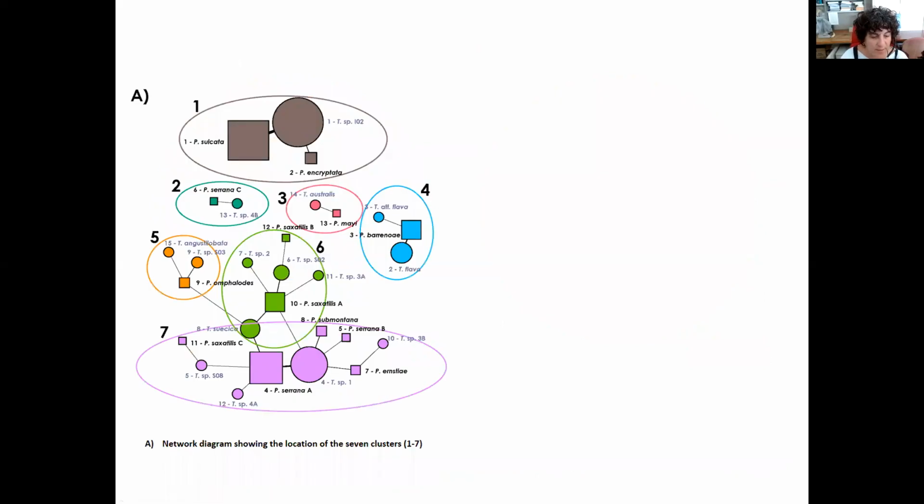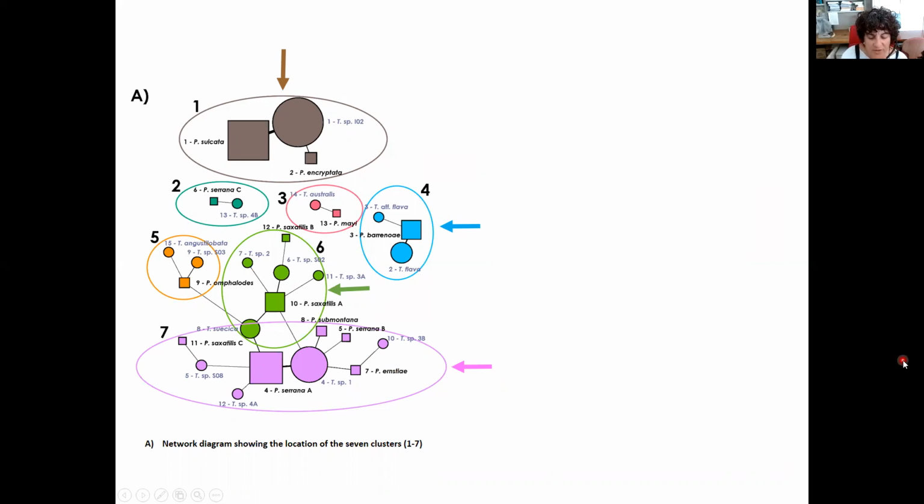Network analysis was applied to investigate the topological properties of the mycobiont-phycobiont interaction. Our network analysis discriminated 7 ecological clusters. 4 of them included 96% of all taxa, which were cluster 1, cluster 4, cluster 6, and cluster 7.